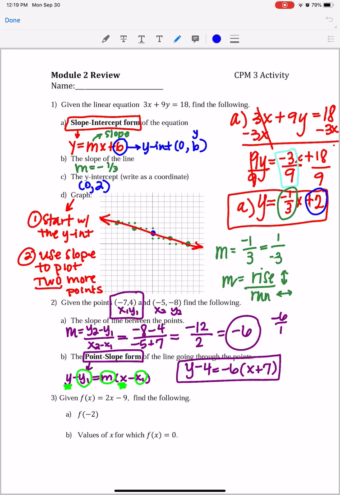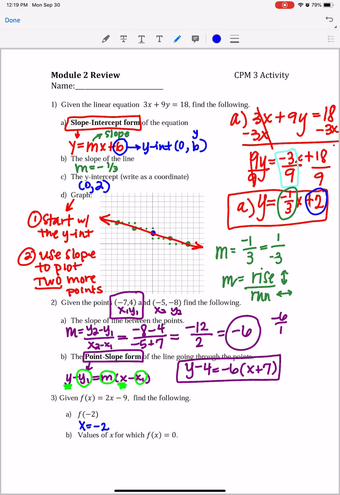All right. Number 3. Given f of x equals 2x minus 9, find the following. So we have f of -2. When you have something in parentheses, this is your x. This is another way of saying your x equals -2. So, if x equals -2, plug that in for here.